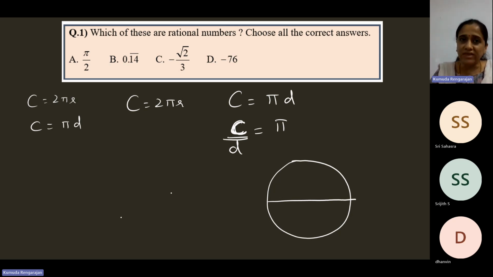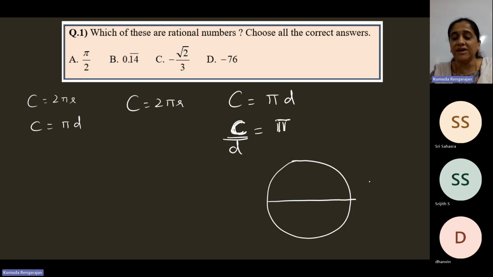And it's observed that when you find the length of the circle using a thread, and divide by the diameter, the value is a non-terminating, non-repeating decimal.